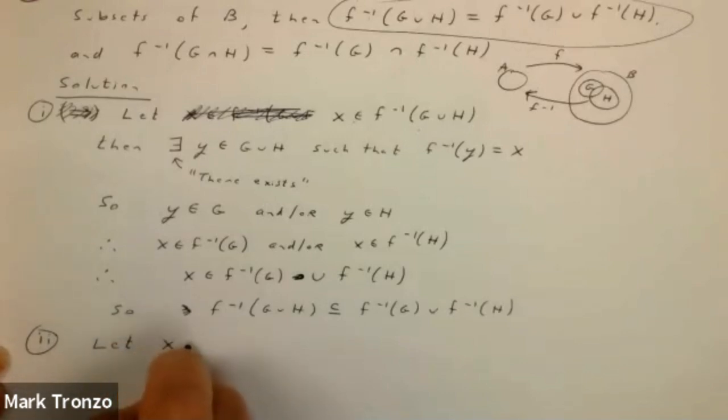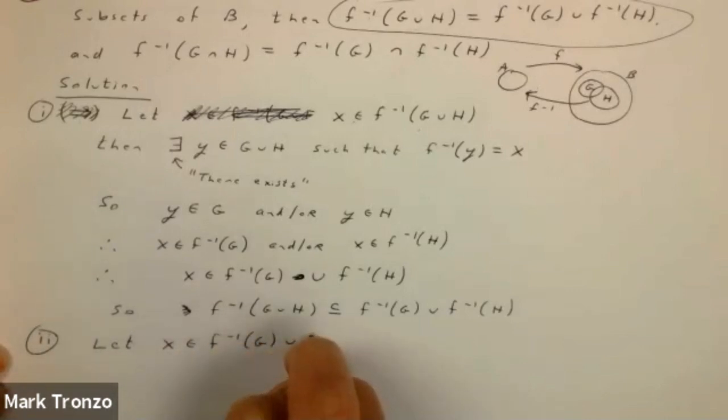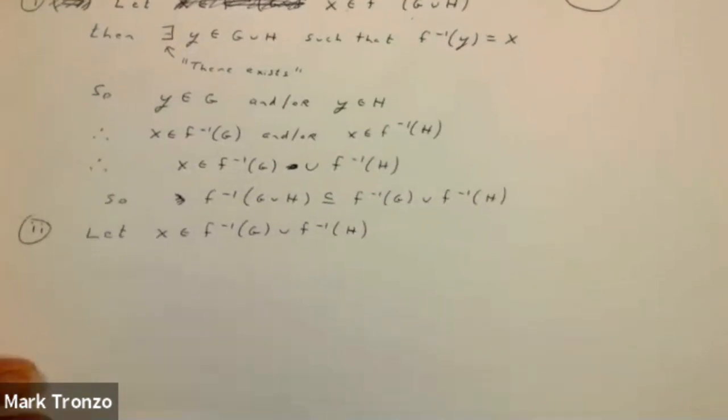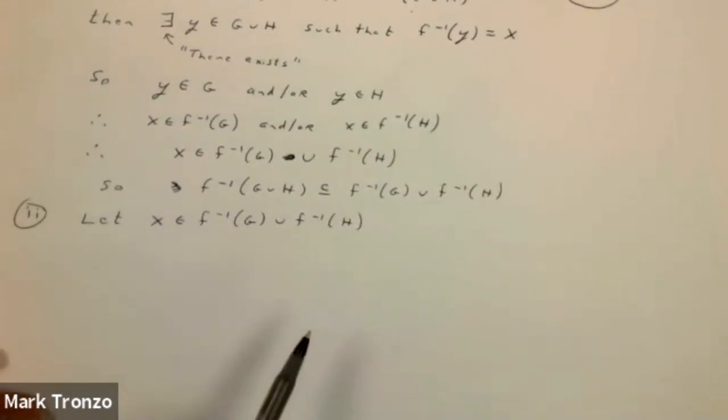Let X be in F inverse G union F inverse H. So pick something on the right-hand side. We want to eventually prove it's in the left-hand side.